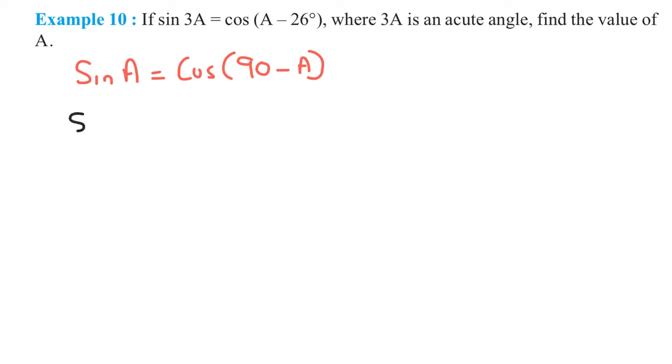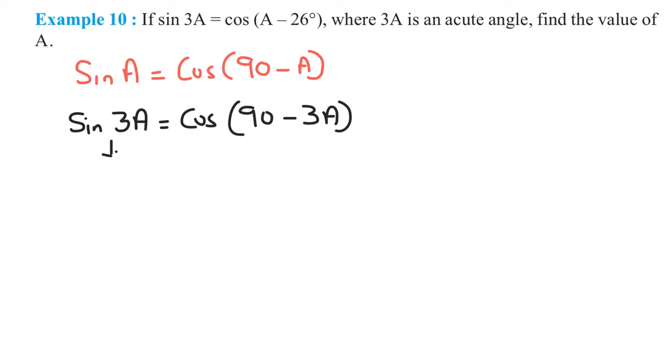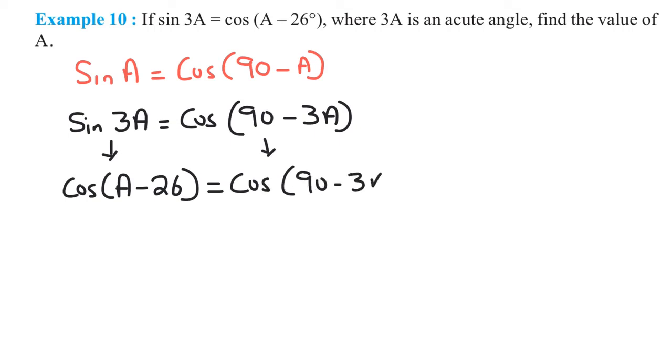So, sine 3A then will be equal to cosine 90 minus 3A. But the question says that sine 3A is equal to cosine A minus 26. So, instead of sine 3A, can I write this as cosine of A minus 26 equal to, we can write this as it is, cosine 90 minus 3A.